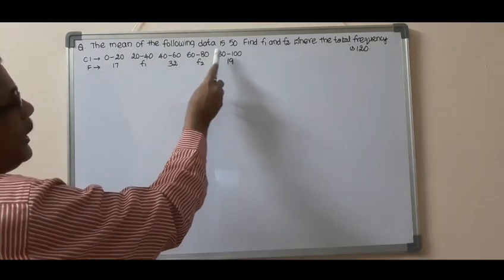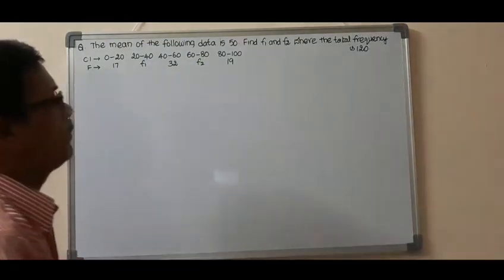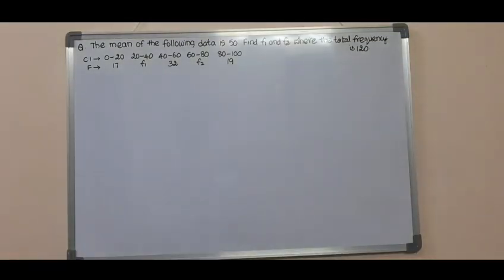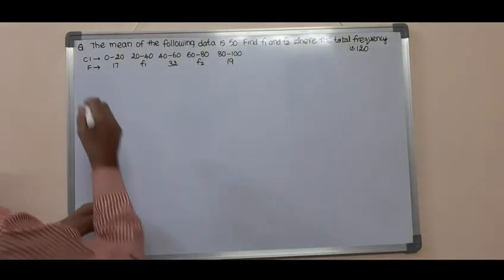The mean of the following data is 50. Find f1, f2 where the total frequency is 120. Class intervals are 0 to 20, 20 to 40, 40 to 60, 60 to 80, 80 to 100. Frequency 17, f1, 32, f2 and 19. Now solution.